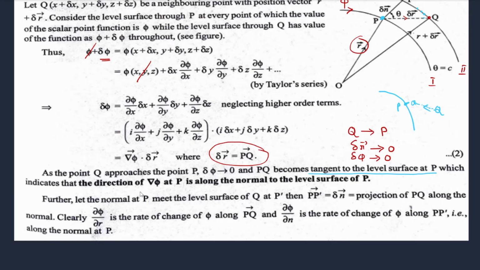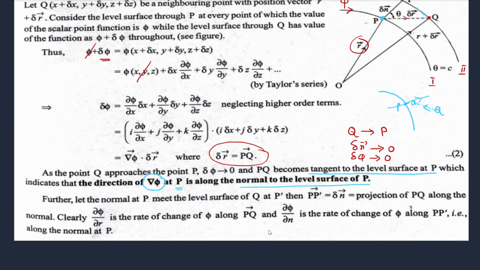That tangent indicates the direction of the gradient of φ at the point P, and it is normal to the level surface. Whatever tangent we make here, this particular tangent is perpendicular to the level surface.